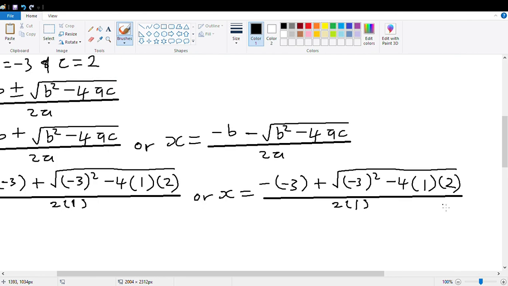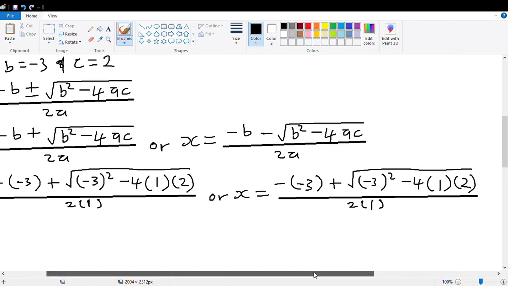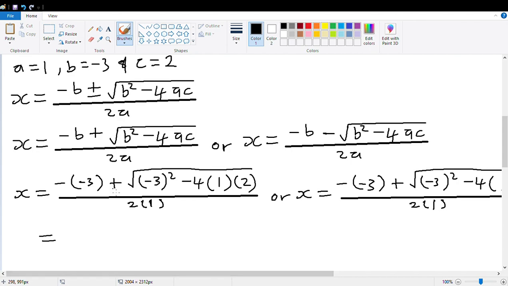So after that we simply press our calculator to obtain both values of x. The first value for x, where we are having a plus sign, will be equals to 2.